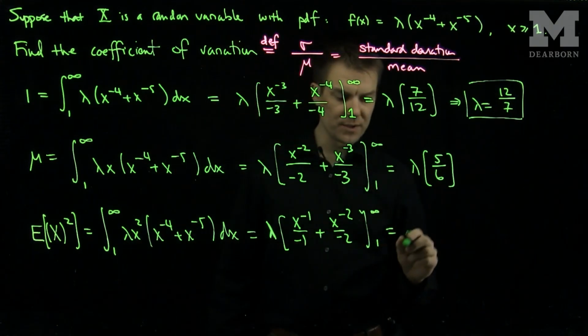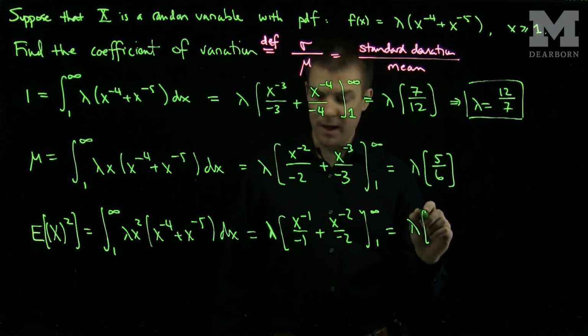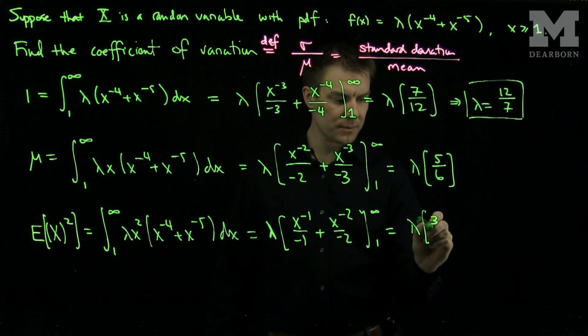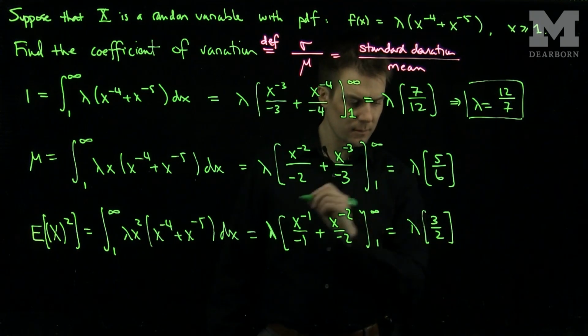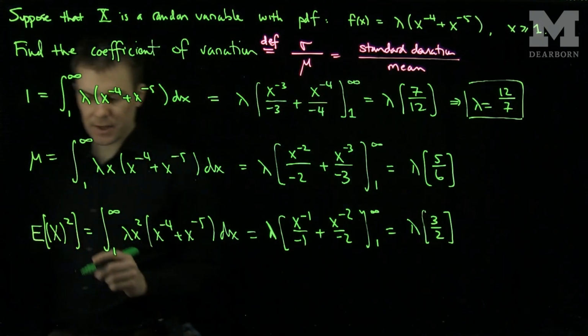This will be lambda times 1 plus a half, which is 3/2. And now that is the expected value of x squared.